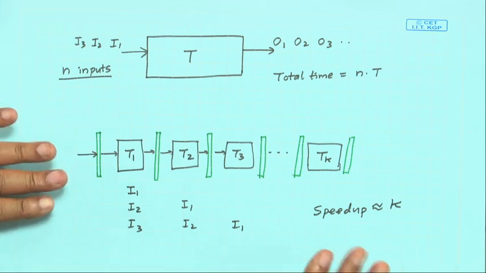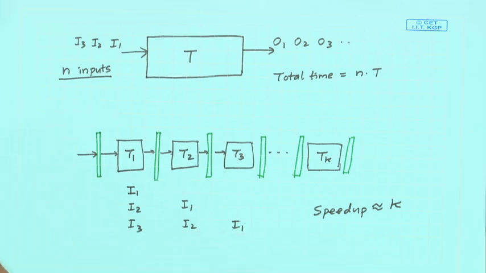But here we are talking with respect to power consumption. Let's imagine a scenario where we had a circuit block that was good enough to meet our deadline. We do not want to make it faster. Now, suppose we break it into two parts in a pipeline, or k parts in general.